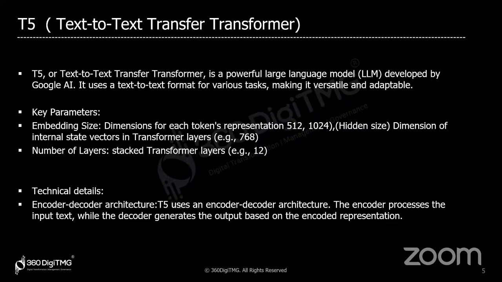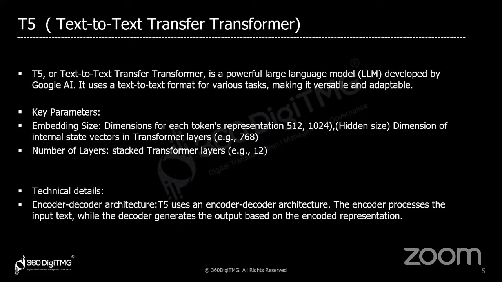So what does it mean? This means that both the input and the output of the model will be in text format, text to text, which makes T5 very versatile and adaptable to different tasks. It can be used for translation, summarization, question answering, and so on.